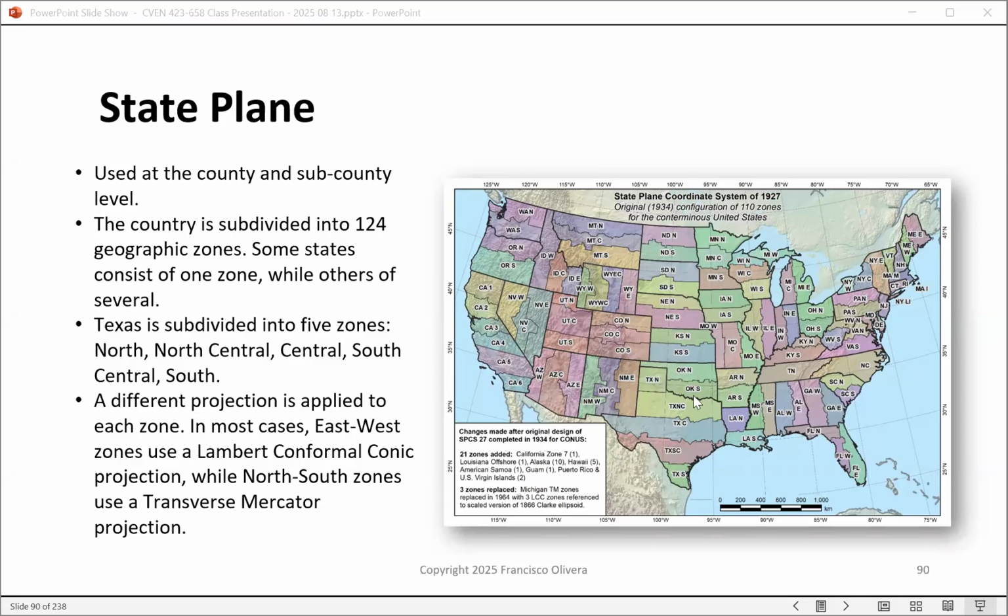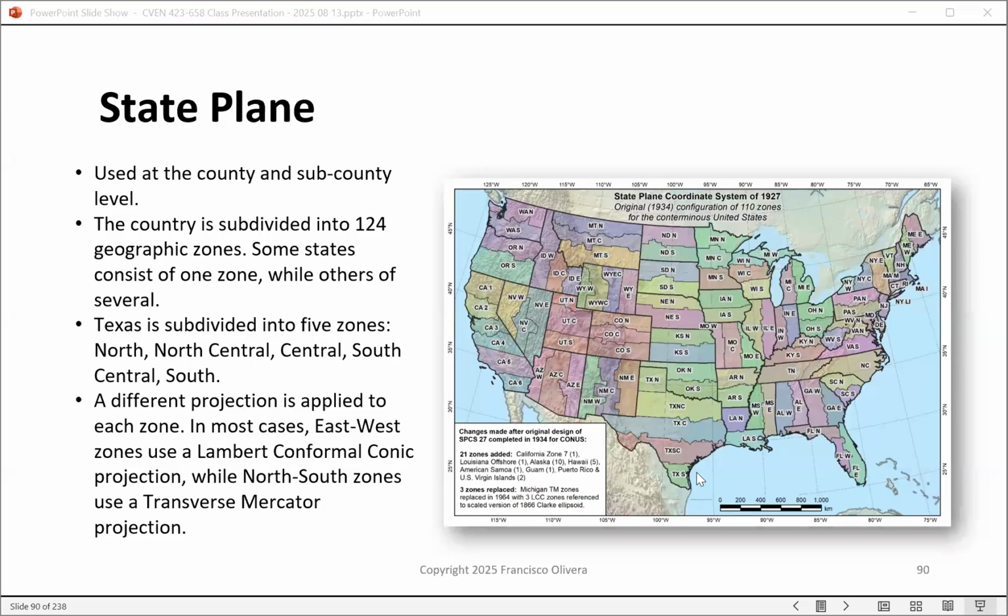Not all the zones that are defined as horizontal are going to have exactly the same conic projection. Each of them is going to have different standard parallels. So it's not enough to say this is going to be a conic projection or equal area conic projection or conformal conic projection. That is not enough. You have to say what the parameters are.